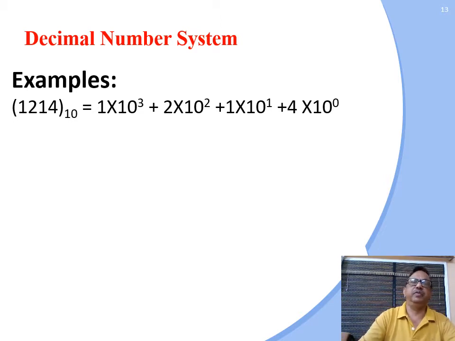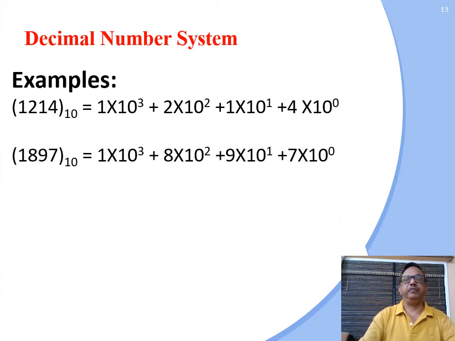And when this number is represented in decimal number system, what we have to do is, at the unit portion, 4 is multiplied by 10 to the power 0 because it is positional weighted, and 1 is multiplied by 10 to the power 1, 2 is multiplied by 10 to the power 2, and 1 is multiplied by 10 to the power 3, and when we sum them up, we will get the actual number.